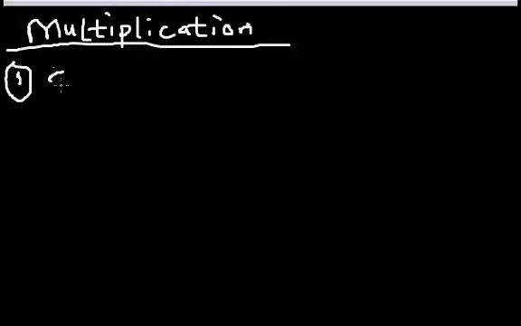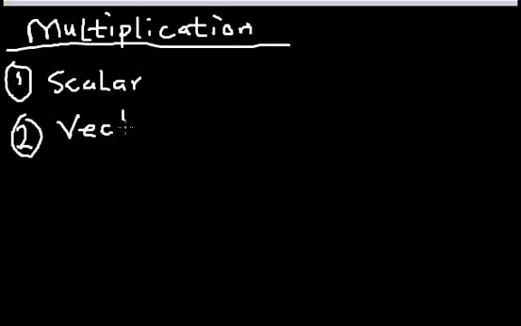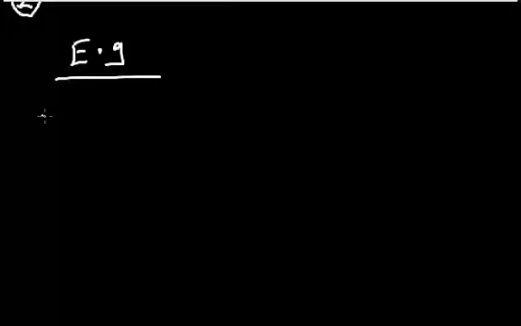Let's look at scalar multiplication, where I multiply a matrix by just a single number. Then let's look at matrix multiplication, where I multiply a matrix by another matrix. For example, let's start with the simple multiplication, where you multiply a matrix by just a scalar.